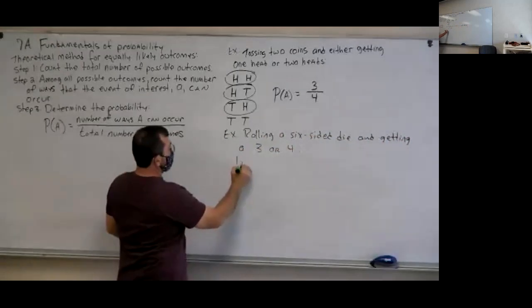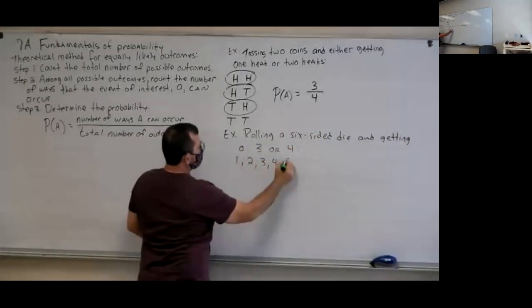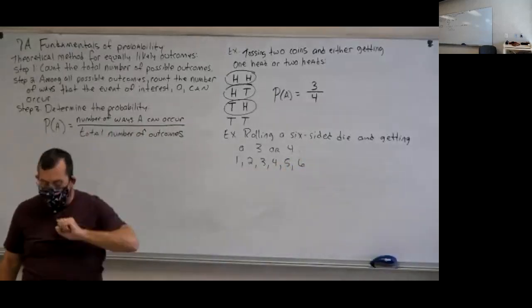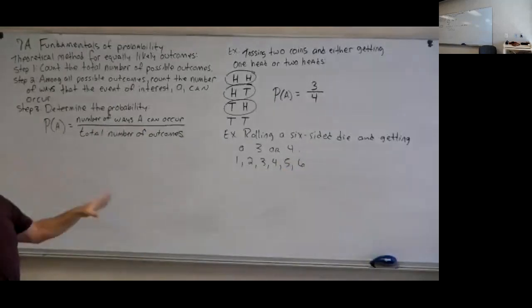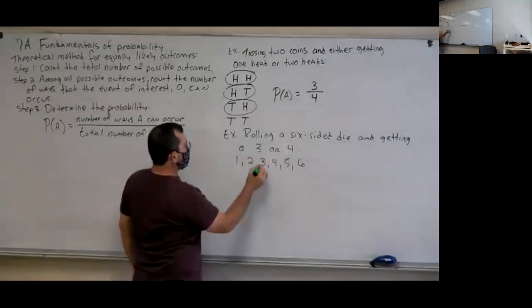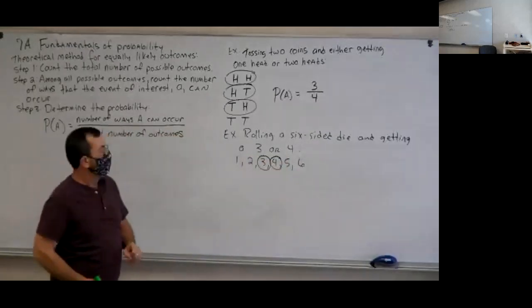You could get a 1, you could get a 2, a 3, a 4, a 5, or a 6, right? So if I roll that 1 die, I can get either 6 of them numbers. Now they want to know the probability of me getting a 3 or a 4. So 3 and 4. So here we go.